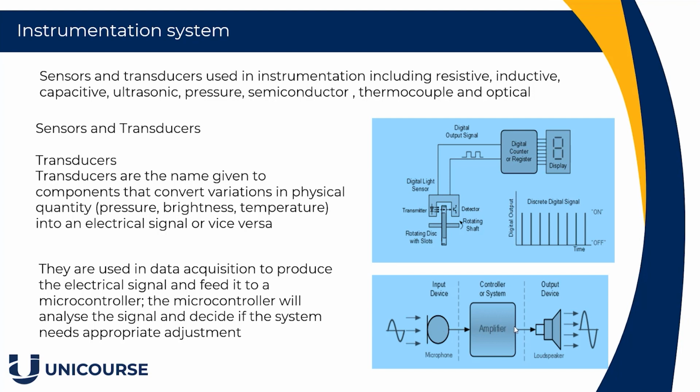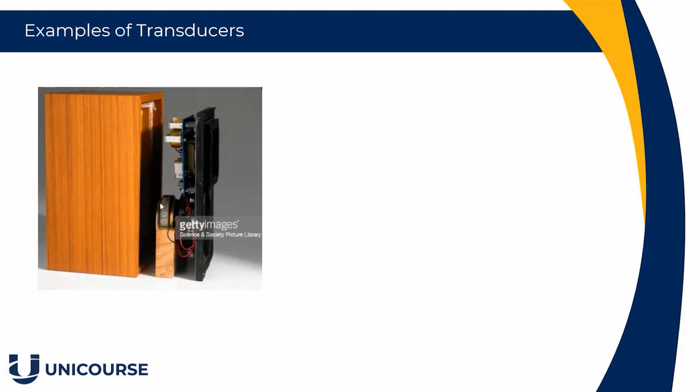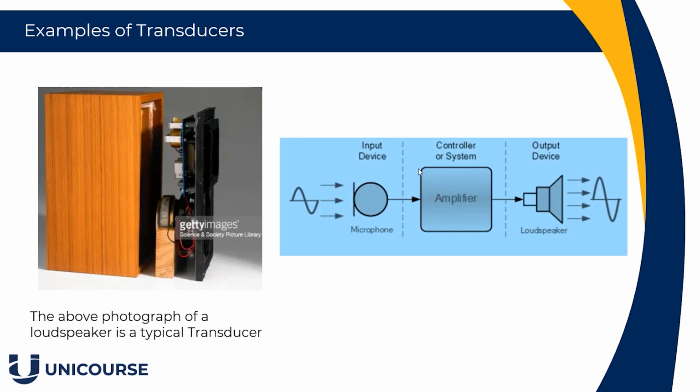That's amplified, and that is another electrical energy signal, which is then fed into a loudspeaker, which converts it back into mechanical energy. And here we have the loudspeaker. We can see the diaphragm inside there, and we've just seen this in the previous example, where we convert the mechanical energy to electrical energy, it is amplified, converted back into mechanical, and then we can hear it as an audio signal.